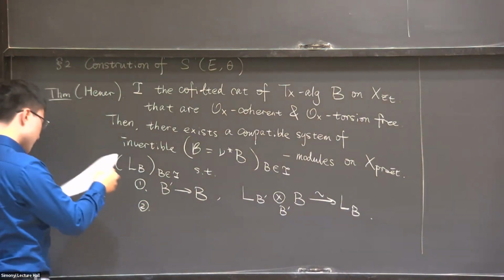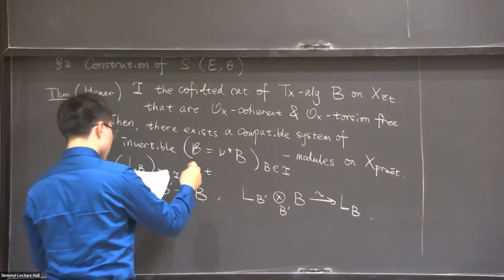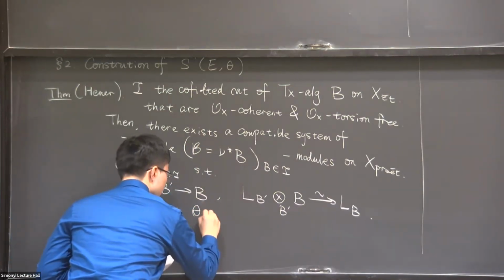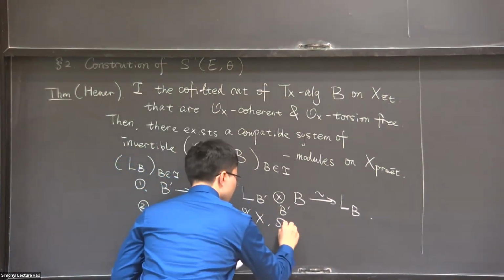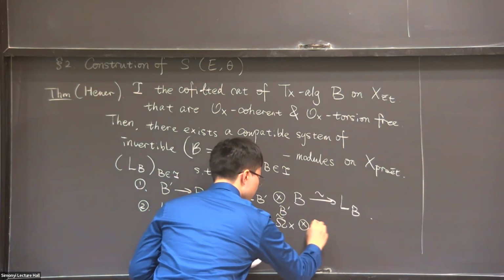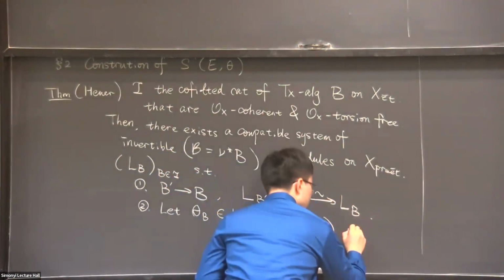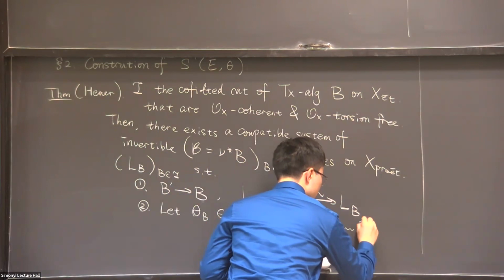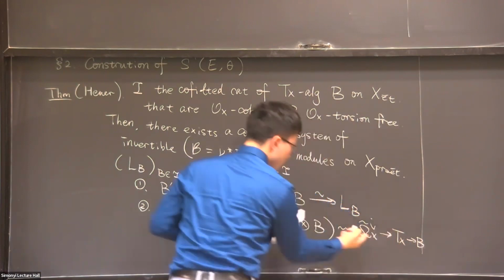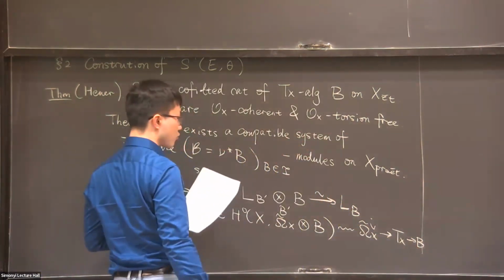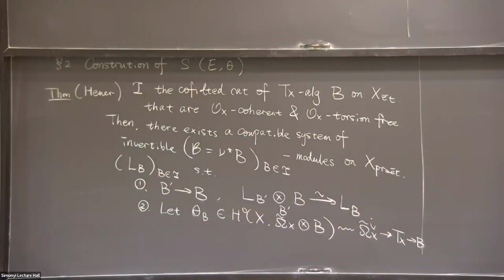And the second: for any such Tx algebra B here, I consider the special element in the global sections of omega X with coefficients in omega X tensor B. This is the element corresponding to the canonical map from the dual of X to Tx to B. Because B is a Tx algebra, Tx maps to B. This is the structural morphism, and Tx is the symmetric algebra of these Lie algebras.